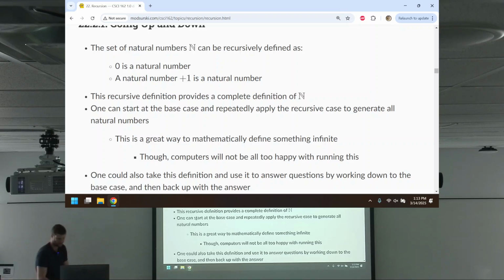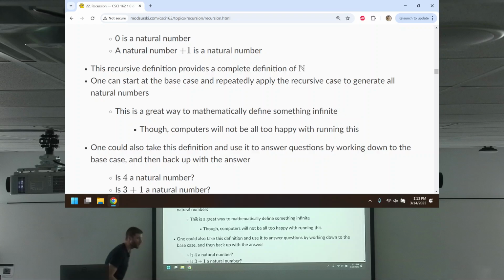Then I can repeatedly apply the recursive case over and over to generate all natural numbers. 0 is a natural number. A natural number plus 1 is a natural number, meaning 0 plus 1 is a natural number. It's 1. 1 plus 1 is a natural number. 2 plus 1 is a natural number. So I can start from the base case and go up.